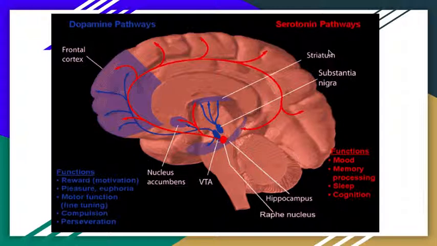Here's serotonin, moderately affected. It starts in the raphe nuclei and projects all throughout the brain, through the cerebrum. Serotonin is responsible for mood, memory, processing, sleep, and cognition as well. This is also responsible for addiction potential.